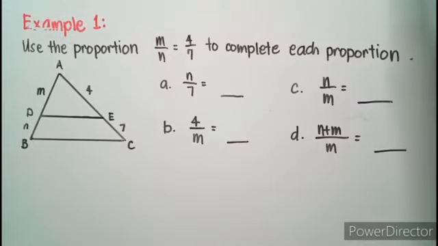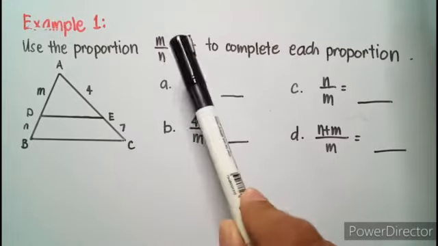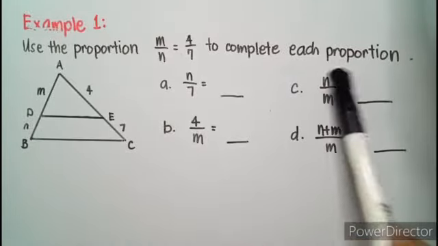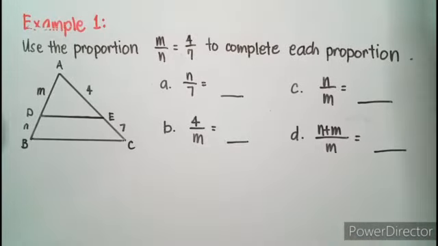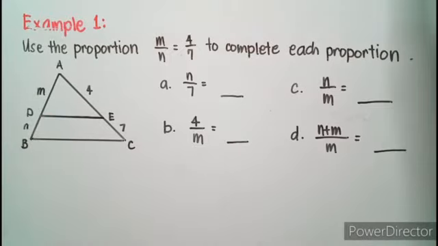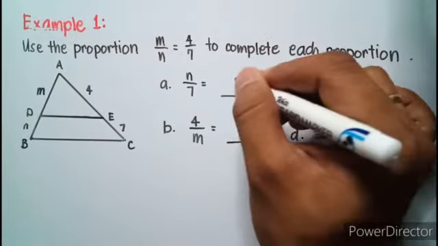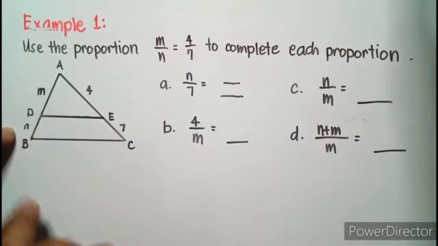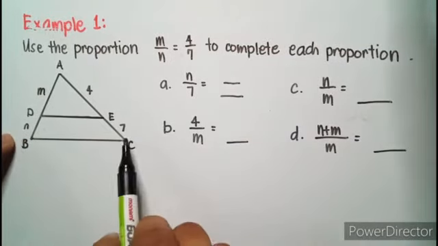Example number 1. Use the proportion m over n is equal to 4 over 7 to complete each proportion. So, given here, m over n is equal to 4 over 7. Letter A, let's complete the proportion. Our given is n over 7.